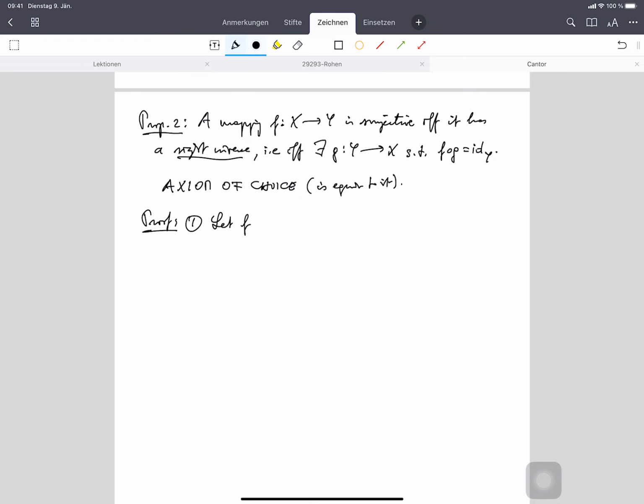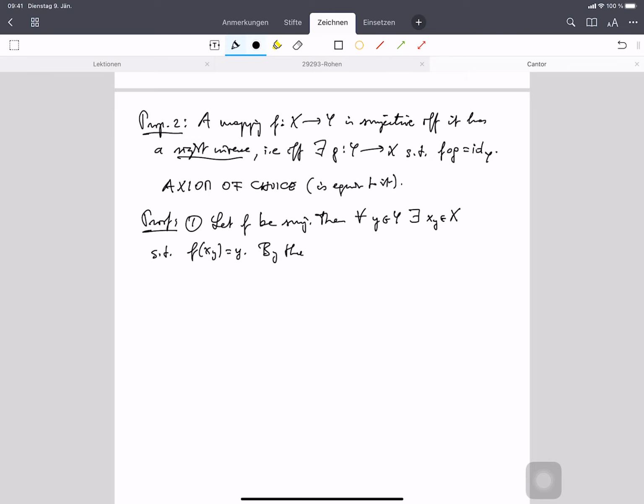Let f be surjective. Then, for every y in Y, there exists x_y in X such that f of x_y is y.